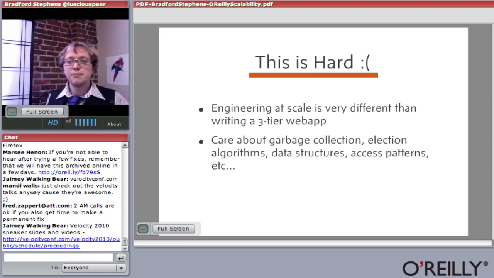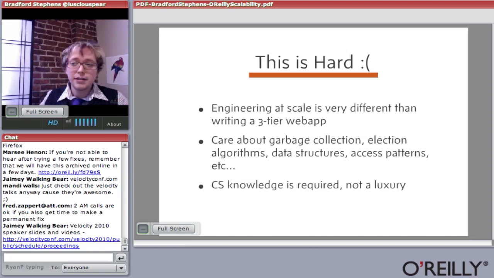Is it going to be mostly accessed in memory, sequentially? Things like that. None of these really have anything to do with making sure your CSS is in order and making sure that your REST queries are well formed from your web page to your database. This is very, very different. Not to say that there aren't a lot of engineers out there who are capable of this, but you have to recognize the fact that it can be a pretty steep learning curve.